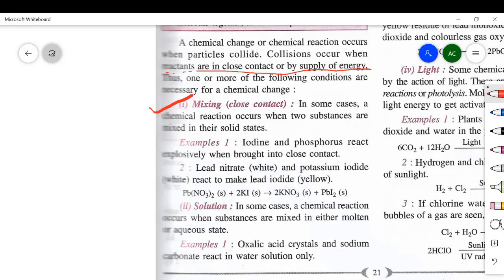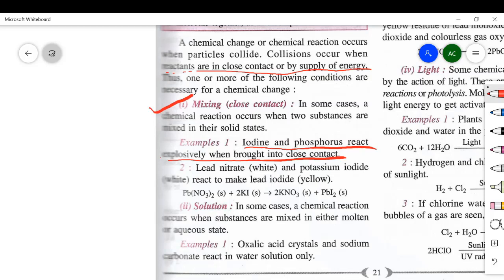Iodine and phosphorus react explosively when brought into close contact. Phosphorus reacts vigorously with all halogens at room temperature to form phosphorus trihalides, whether with iodine or any other halogen such as bromine or chlorine.